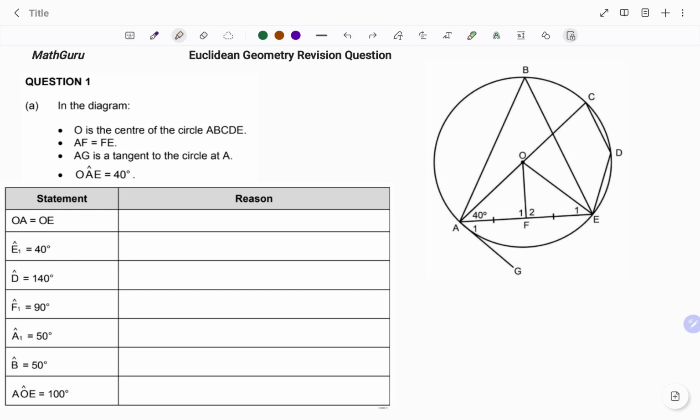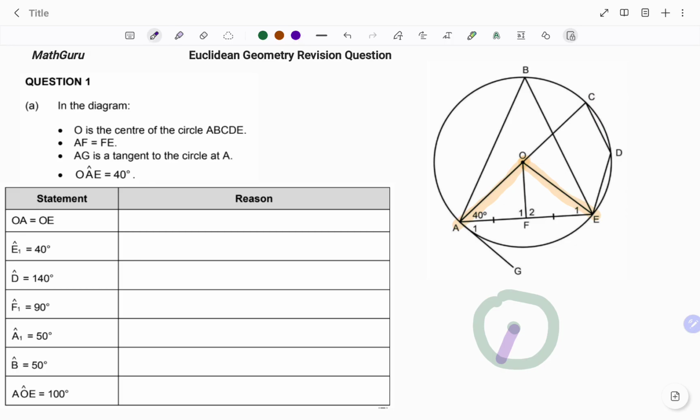We have the statement on the left, and the reason why that statement is true is written. So the first one says the line OA is equal to the line OE. Let's go back to the diagram. We have the line OA starting from the center of the circle, touching the circle, and then the line OE, the same. Note that when we have a circle with a center, any line drawn from the center of the circle to the side is the radius.